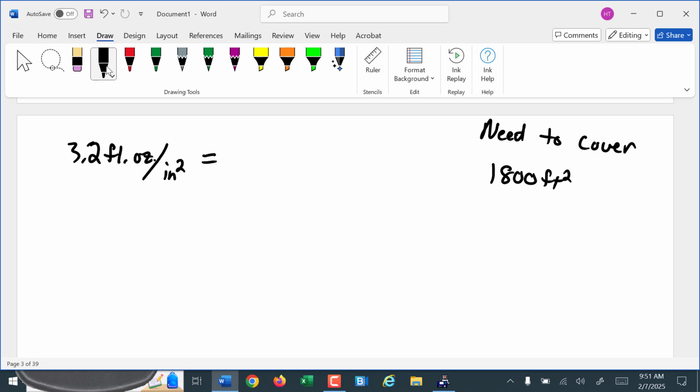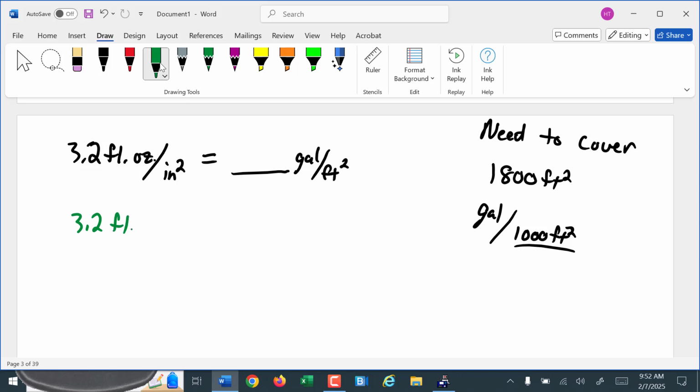We really don't want to be measuring out fluid ounces here, right? So we're probably going to be looking at gallons. Our units would most likely be gallons per 1,000 square feet or gallons per 100 square feet. To do this conversion, we are going to have to just convert to gallons per square foot. Then we'll worry about the per 1,000 square feet later.